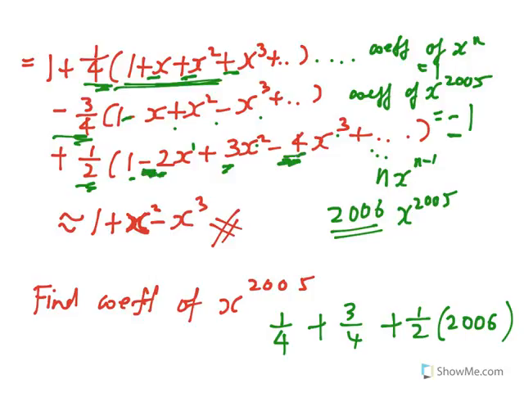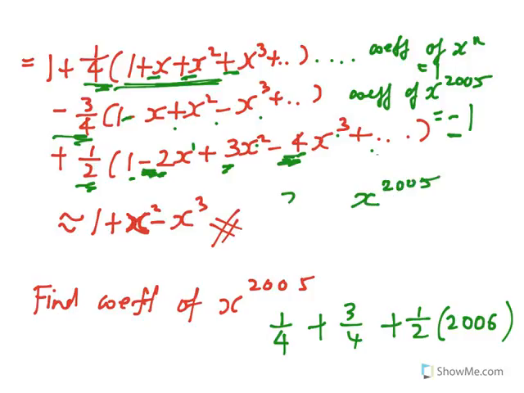All your odd powers are negative. So for x to the power of 2005, it's actually 2006, and because the odd power is negative, this should be a negative answer. Simplifying this, all you get is negative 1002.